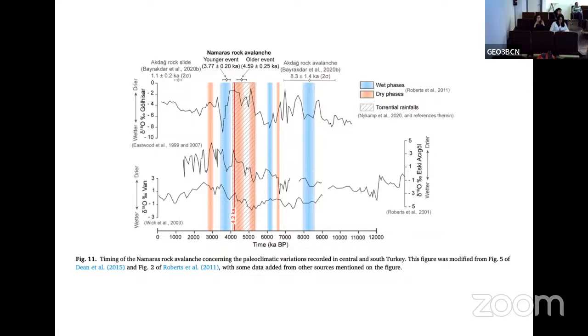So this is the wet and dry phases we encounter. So we try to fit in which of the wet or dry phase that falls. It's not an easy thing to do, but sometimes it works. Here in this case, we know that this event, the younger event, was a wetter time, and the older one came in a dry season.